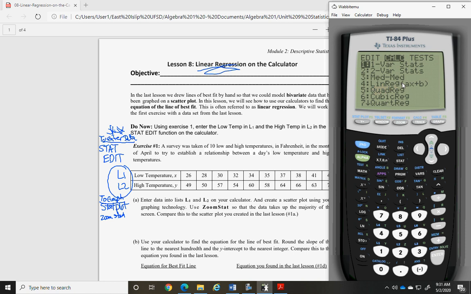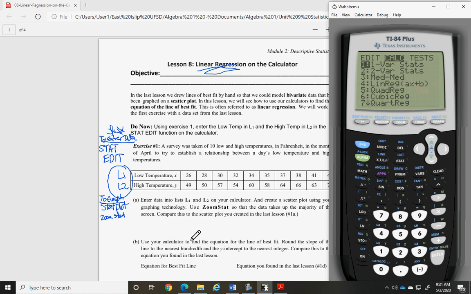Remember when we did our line of best fit yesterday, or 2 days ago, whenever it was, it was in the form of y equals mx plus b. Look what it says in the parentheses here on the calculator, ax plus b. They're telling you what the form of the equation is going to be. So instead of an m, they're using an a, but it's a linear equation.